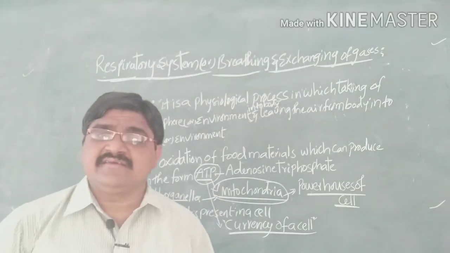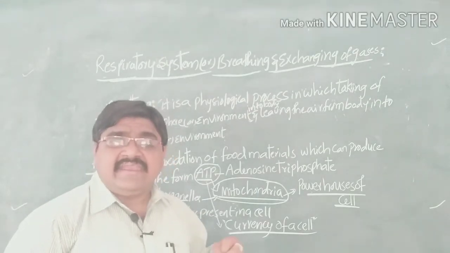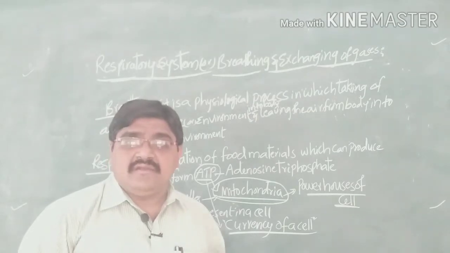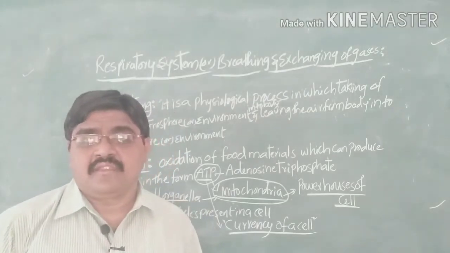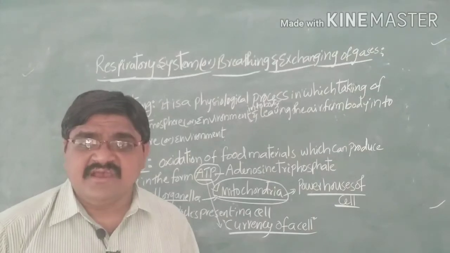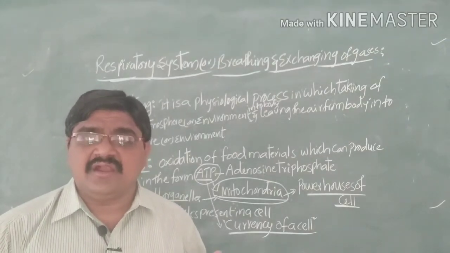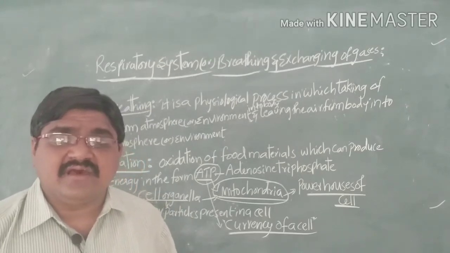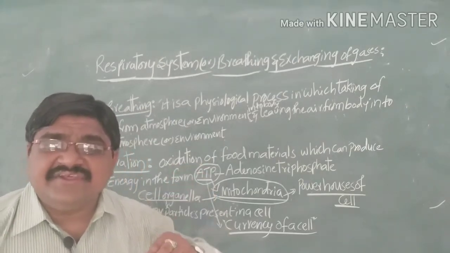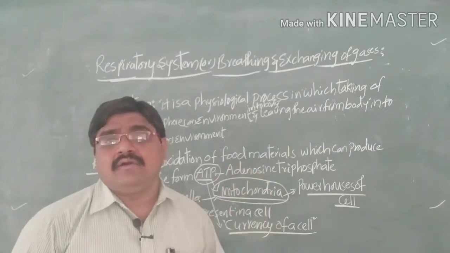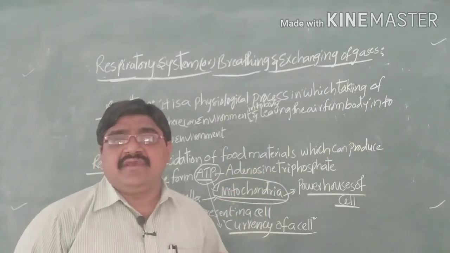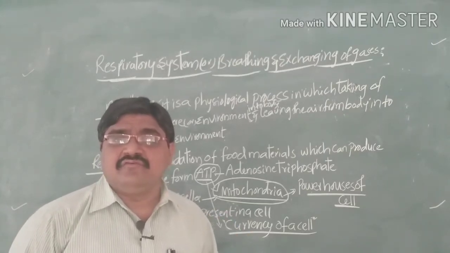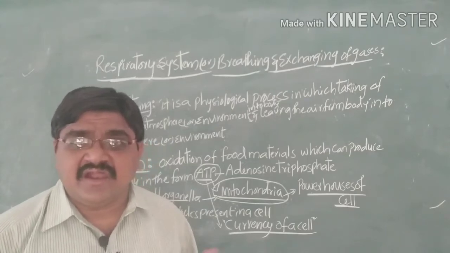For example, when you get a fever, for 2 to 3 days you cannot do metabolic activities. Your metabolic activities are very low compared to normal, because food is not being taken, so energy cannot be produced.